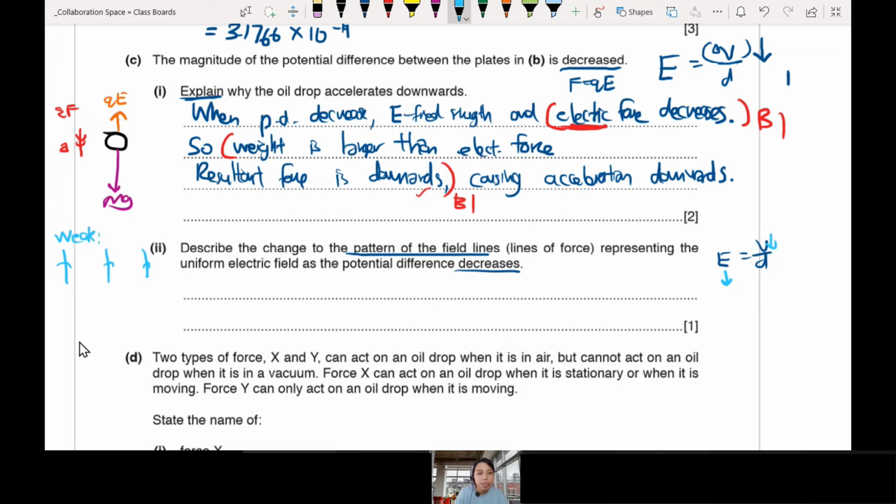If the lines are very strong, they are close together. This is a strong field. So your field is getting weaker and weaker, means their separation should become bigger. They become further apart because they become weaker already. So you want to explain and say that the field line separation increases.